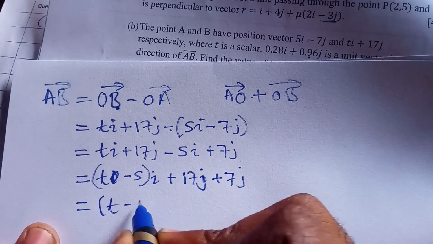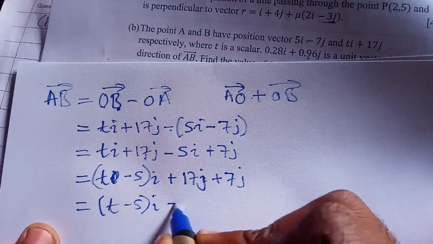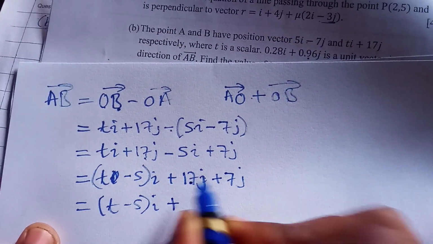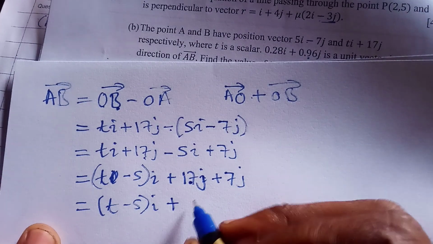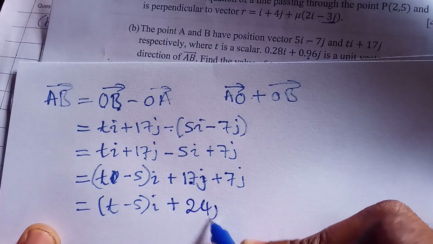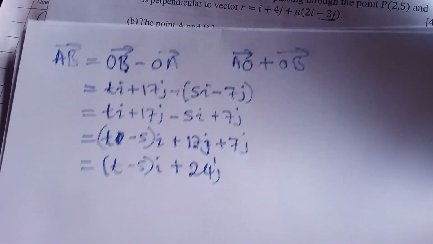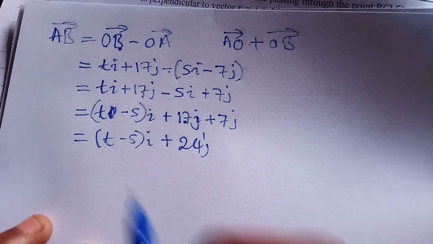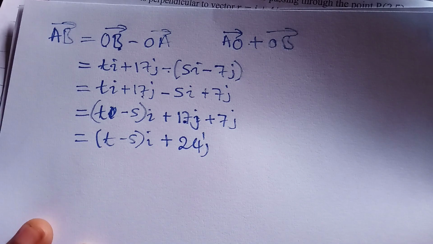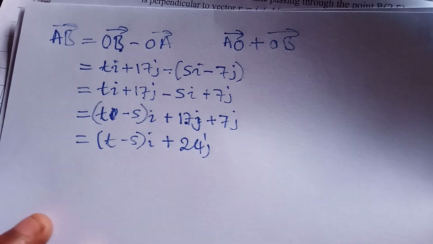So this one will be t minus 5 i, and then 17j plus 7j will be 24j, like this. And then we can find the magnitude of this so that we can find the unit vector.